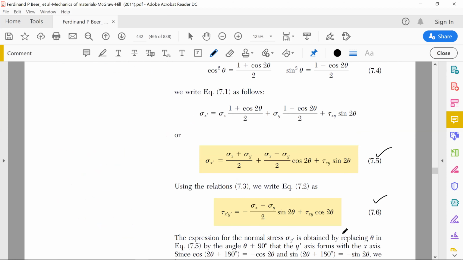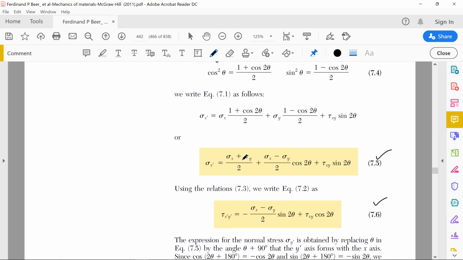Let's start from equation 7.5. He said that sigma x plus sigma y over 2 is sigma average. And then he brought the sigma average over, so it becomes sigma x prime minus sigma average equals the whole of this expression.